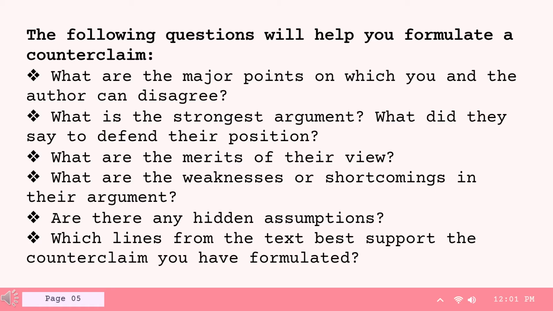And of course, you must learn as well to anticipate the possible questions that they will throw at you. You may simply look for the weakness of their argument and then throw questions that will definitely challenge them.